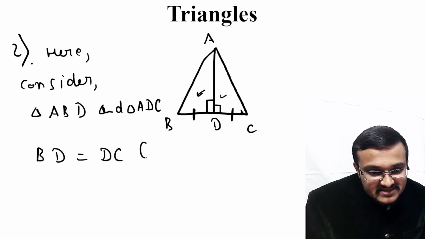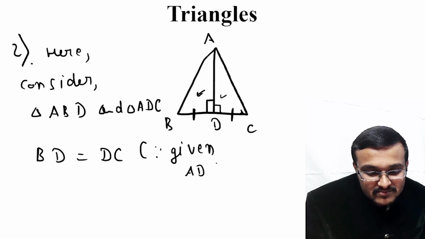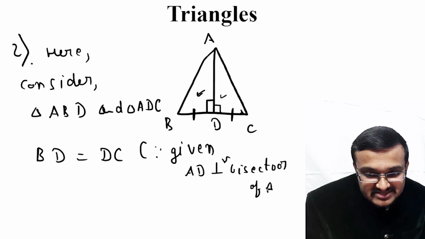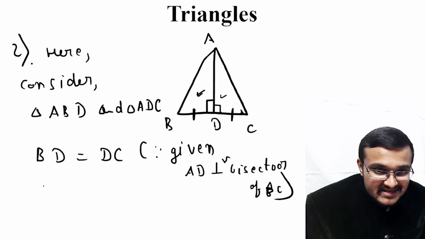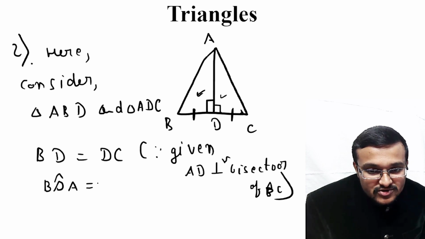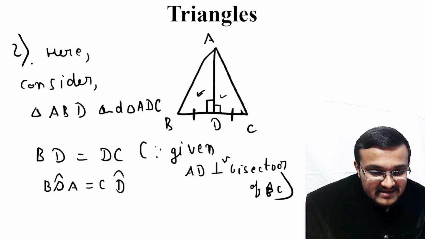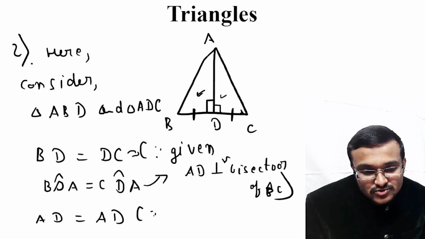BD is equal to DC, which they have already given because AD is perpendicular bisector. So AD is perpendicular bisector of BC. So since AD is perpendicular bisector of BC, here BD is equal to DC and BDA is equal to CDA. So for this also same explanation you can give. And here AD is equal to AD because those two are common side.